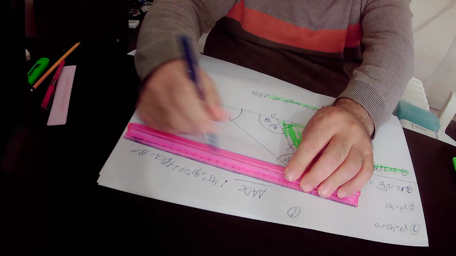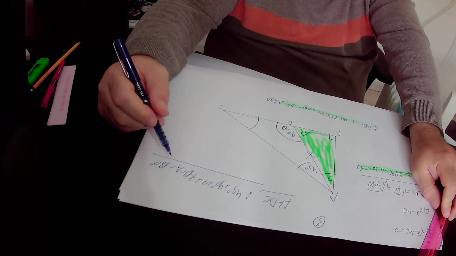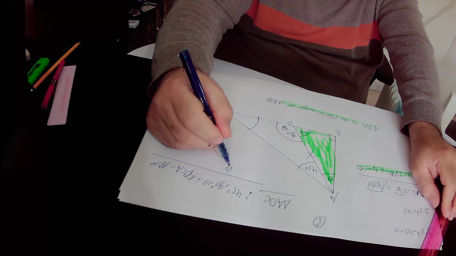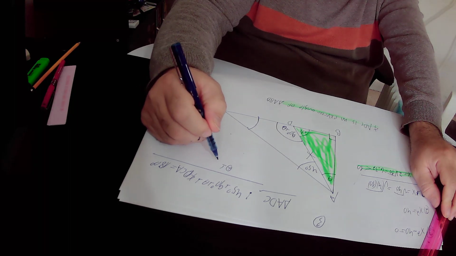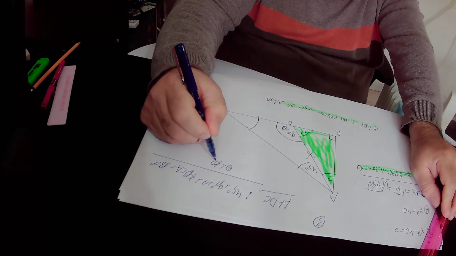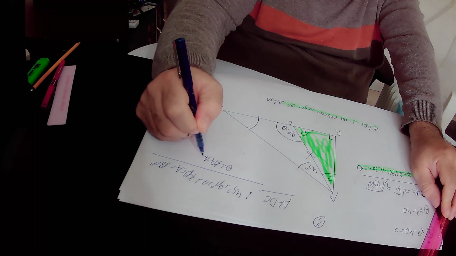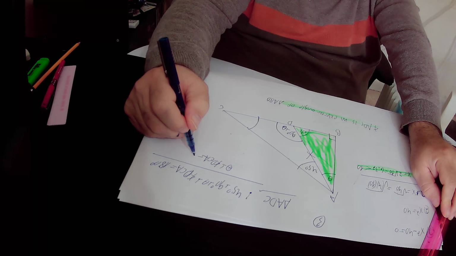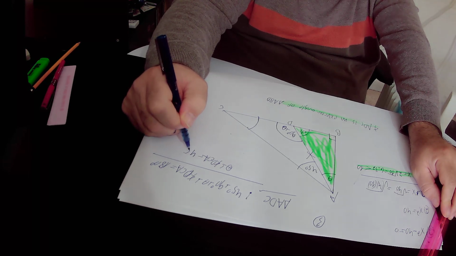Here we will subtract 135 degrees from this equation, and we will get that theta plus angle DCA is equal to 180 degrees minus 135 degrees, which is 45 degrees.